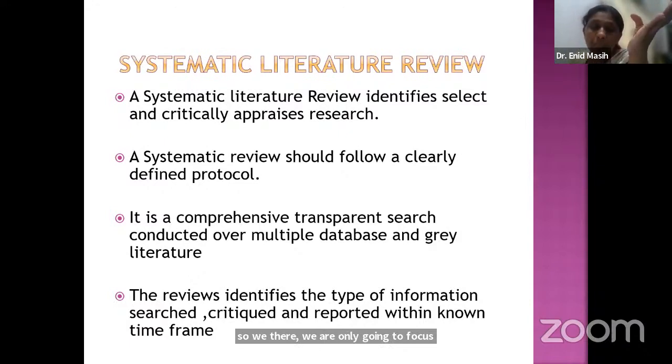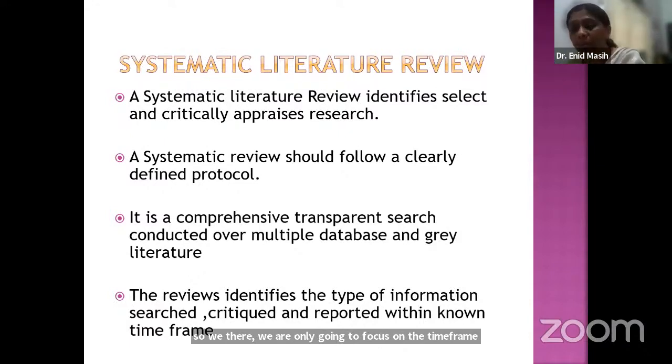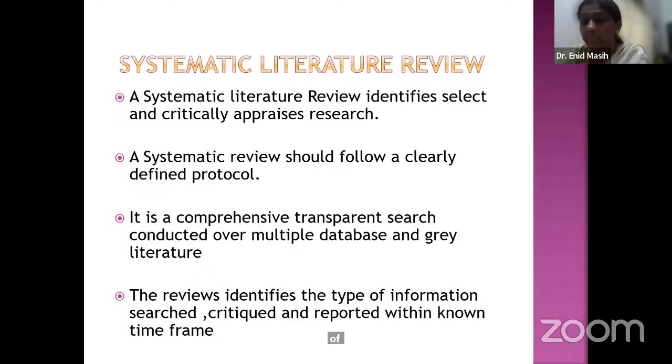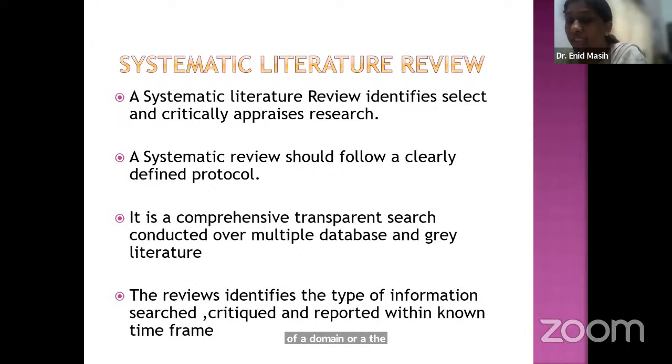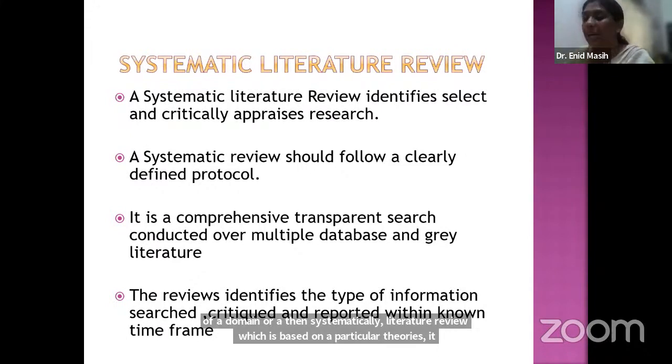That will be an important aspect. Or the types of literature review can be domain based. If we want to do a study based on a particular domain, or a systematic literature review based on particular theories, it will help us see how these theories are developed.